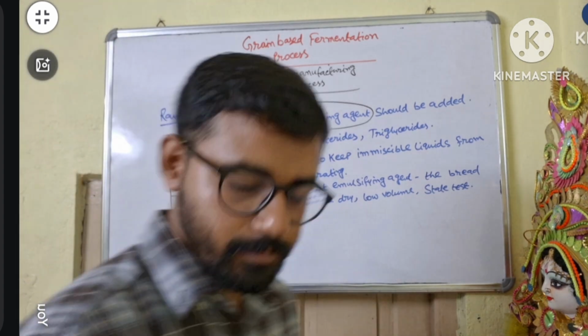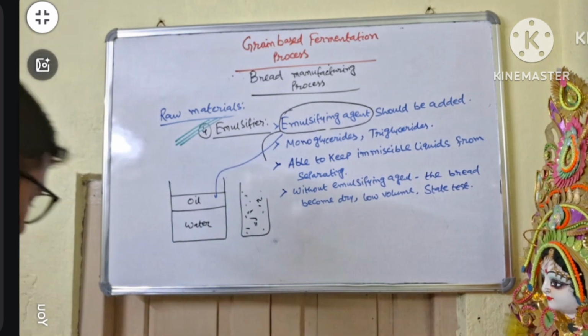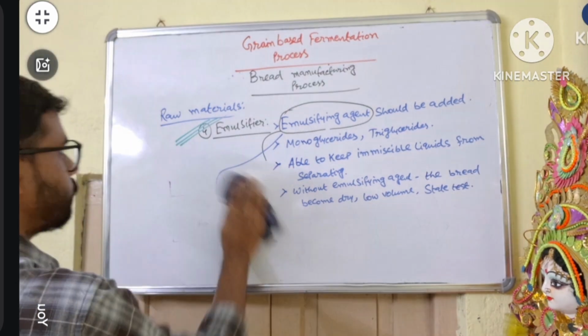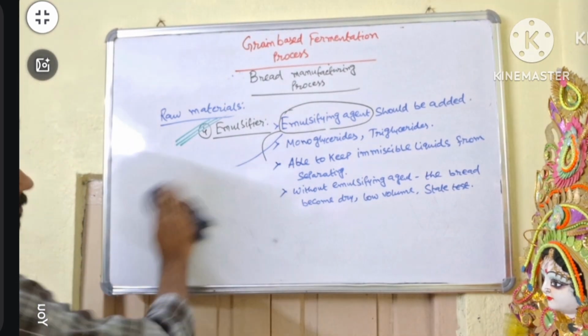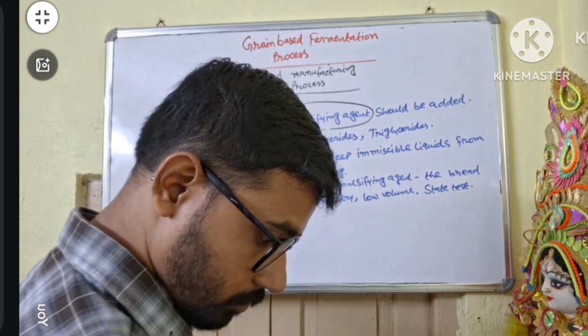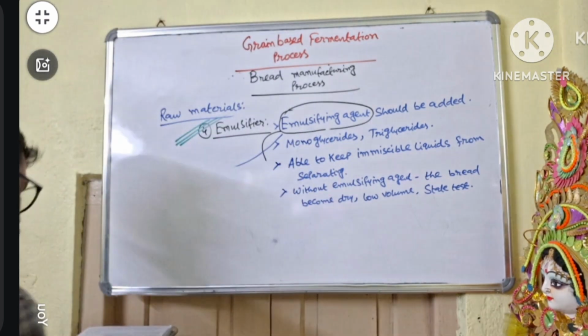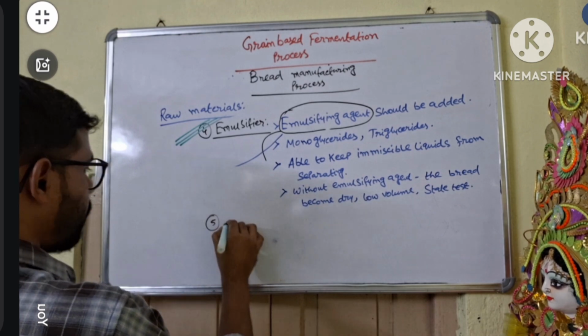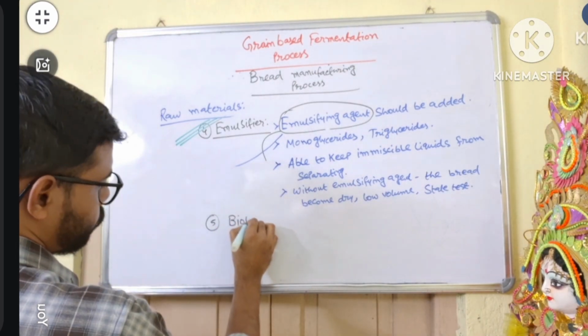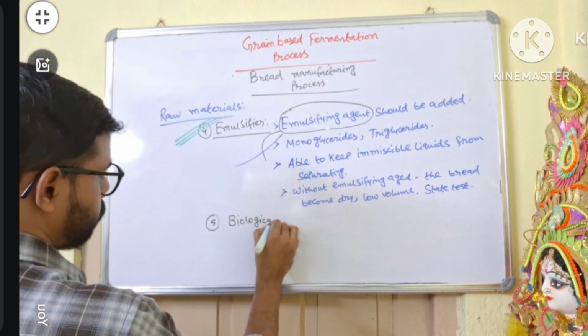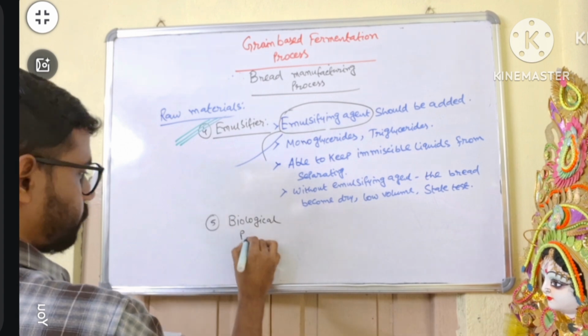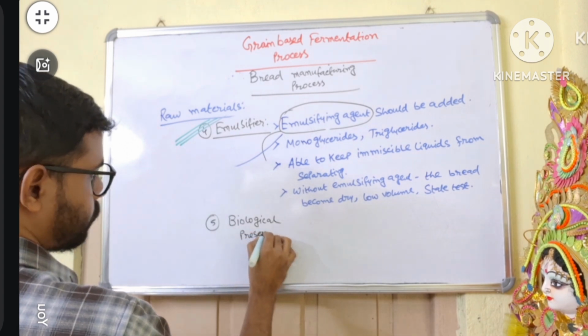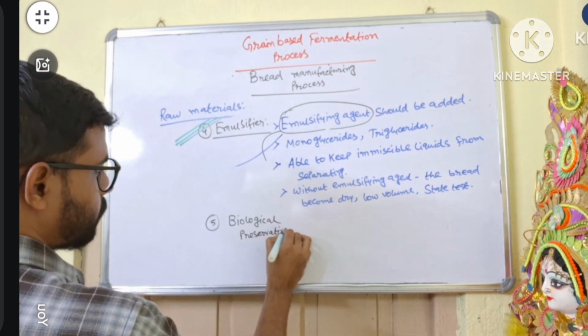Emulsifier agent done, clear. Number 5 raw materials: biological preservatives.